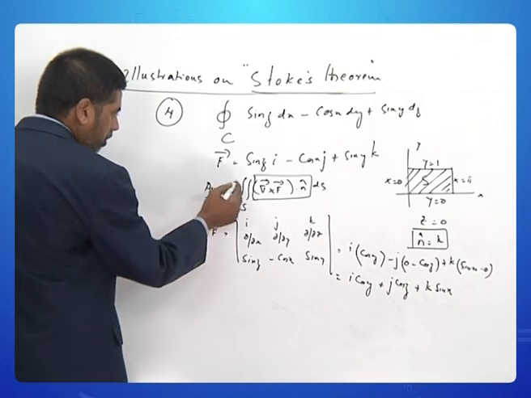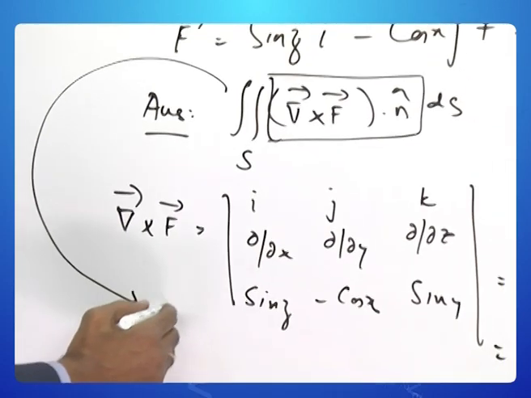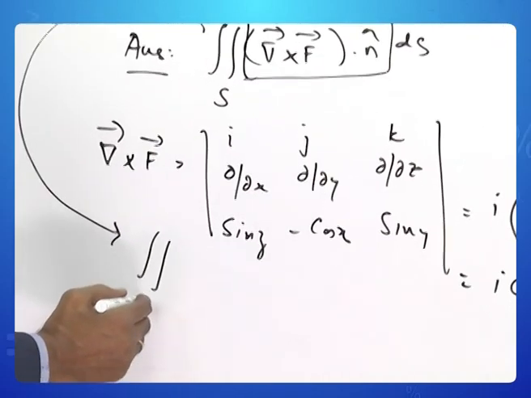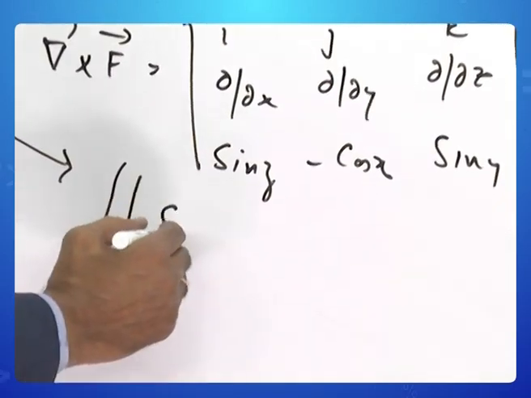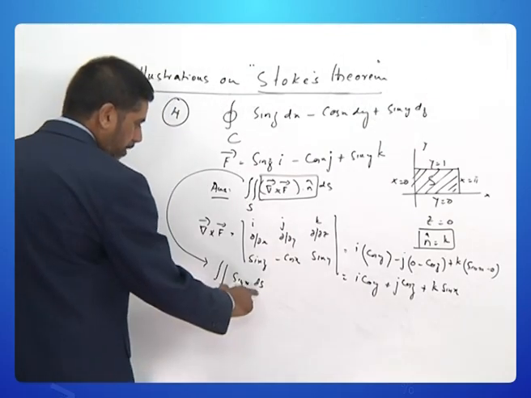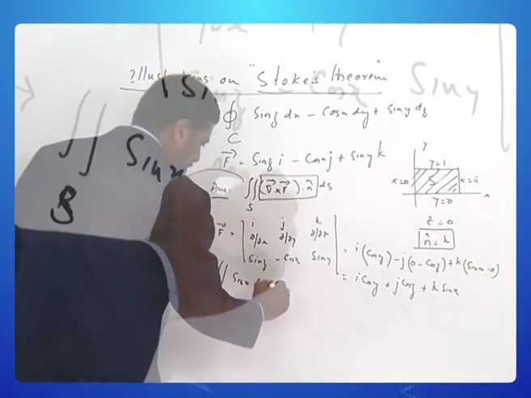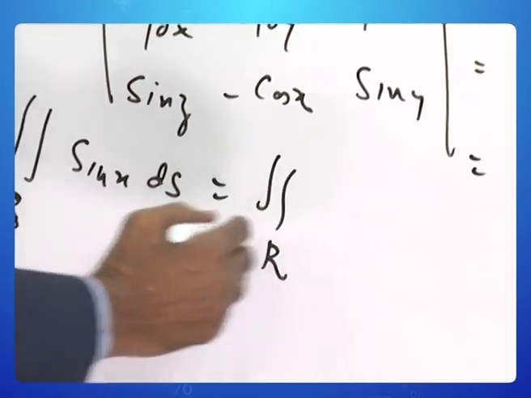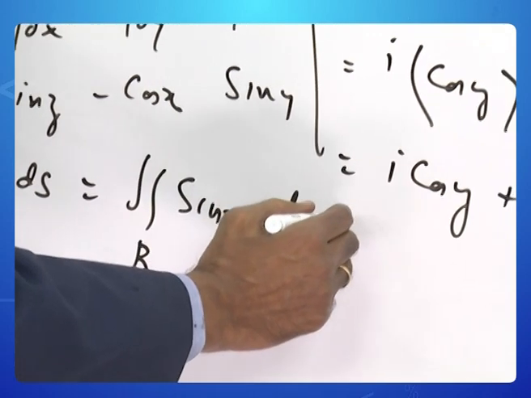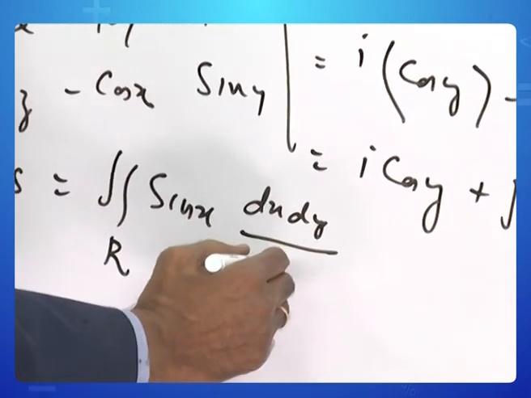Therefore, this would become double integral over R, rather surface integration, sin x ds. But this can be converted through the projection formulas into sin x dx dy by magnitude of n dot k.